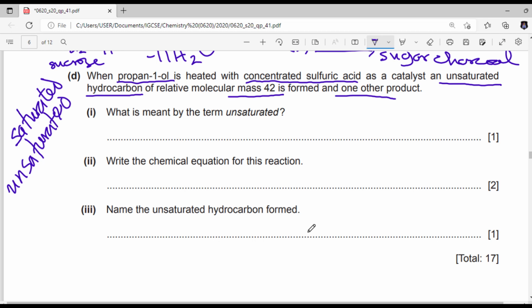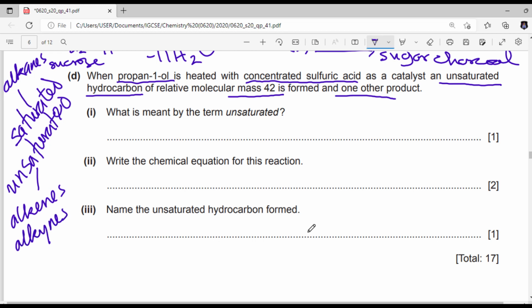Saturated hydrocarbons contain carbon-carbon single covalent bonds only. We don't have any other carbon-carbon covalent bond apart from the carbon-carbon single covalent bonds. But unsaturated hydrocarbons, apart from the carbon-carbon single covalent bond, also contain carbon-carbon multiple bonds in their molecules. Those multiple bonds can either be carbon-carbon double bonds or carbon-carbon triple bonds, like in the alkenes and alkynes. Saturated hydrocarbons are called alkanes, while these ones can be alkenes or alkynes.